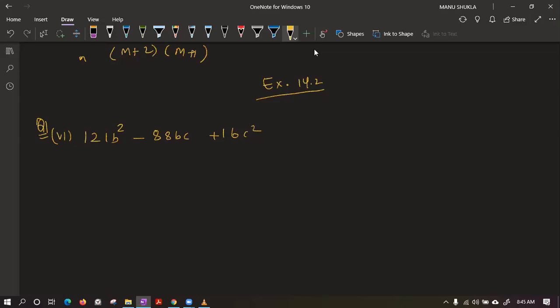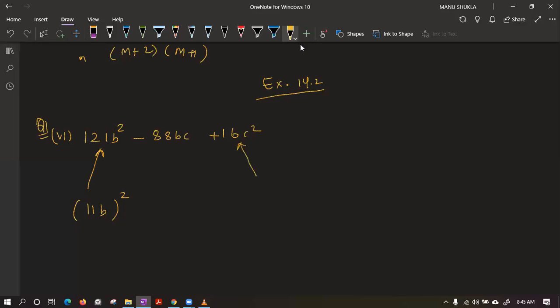Class, the first thing I observed in this equation is that this 121b square can come from 11b whole square. Yes, 11b whole square.